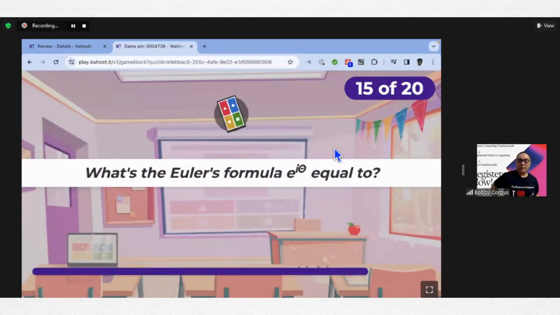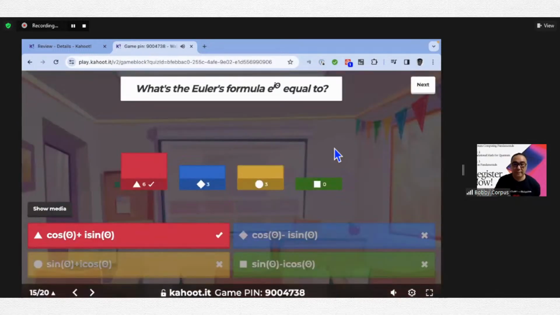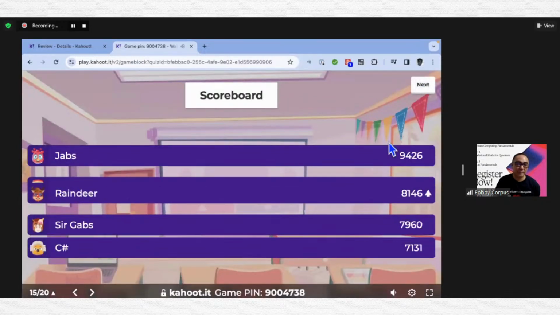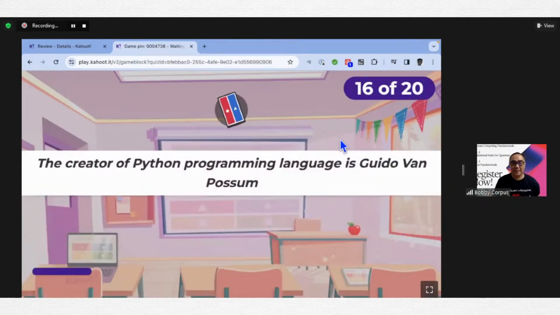Okay, Euler's formula. What is Euler's formula equal to? Diyan. May mga tinuro kanina ni Elmer. Great. So 6. Got it. But 10,000 na. Next. True or false?